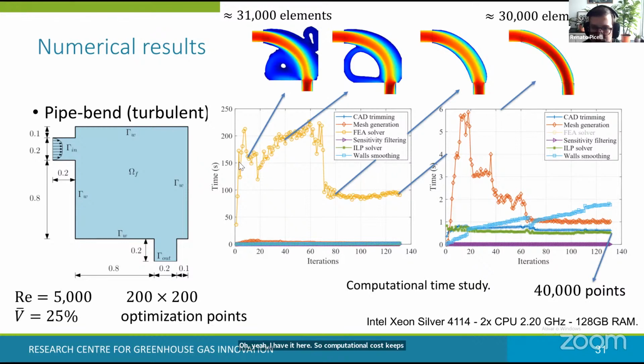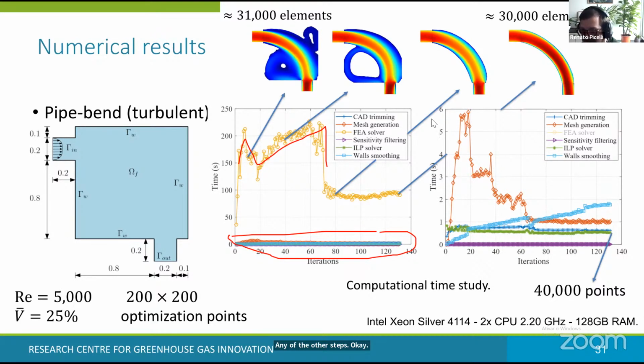You see here, the computational cost of the FEA solver is much larger than any of the other steps. This is the graph without the FEA solver on the right here. You see, mesh generation, of course, is taking a bit of time, especially in the beginning in these solutions. But later on, wall smoothing is taking longer. Thanks for the question.